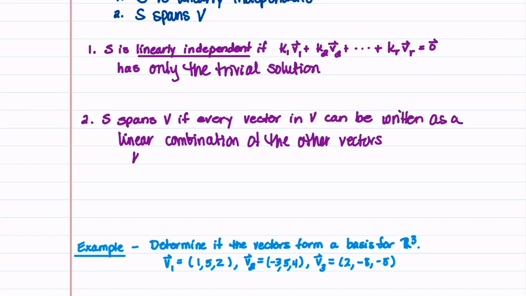This means that k1 v1 plus k2 v2 all the way up through kr vr is equal to b has a solution for every b.